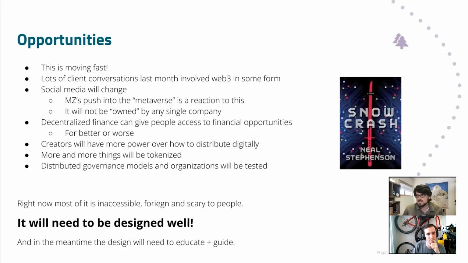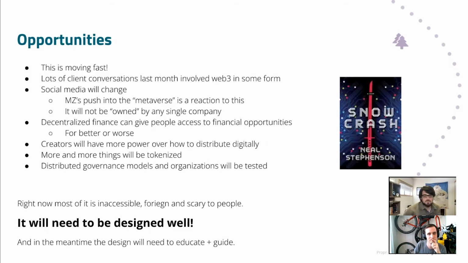We talked about creators having more power over how they digitally distribute. More and more things are being tokenized. Like I mentioned, carbon offset credits and art are being tokenized. Will and I were talking about maybe homes becoming tokenized, with somebody working with a title company to figure that out.